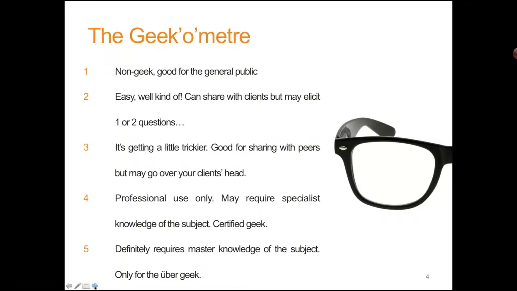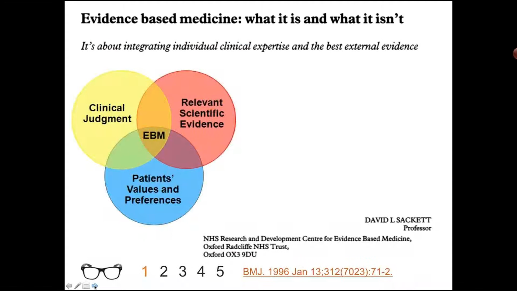It goes on to 5, which is a degree of complexity that requires very specialist knowledge of the subject. So anything 2 and 3 is kind of easy. It's kind of a practitioner grade from 3 and 4, but you can still share with your clients if you wanted a 2 and a 3. Anything 4 and 5 may be a little trickier. So just to get an idea of the kind of things that I'm going to be sharing with you.